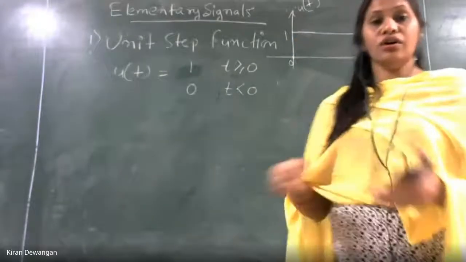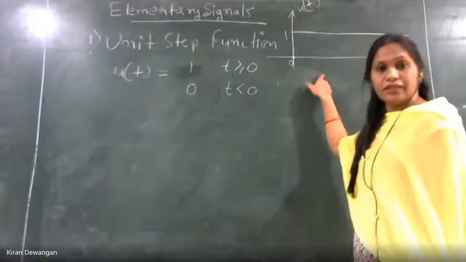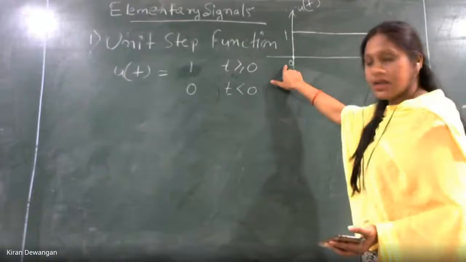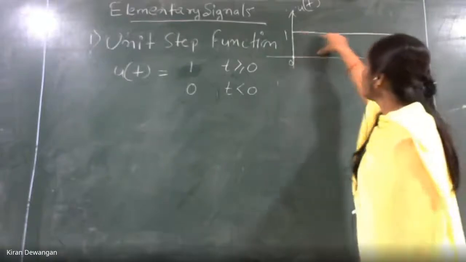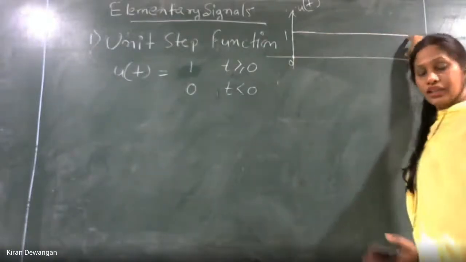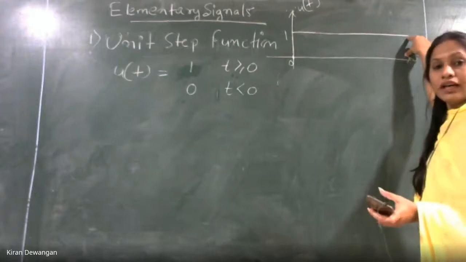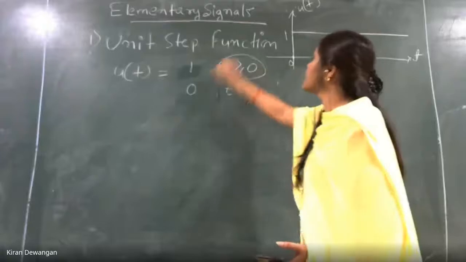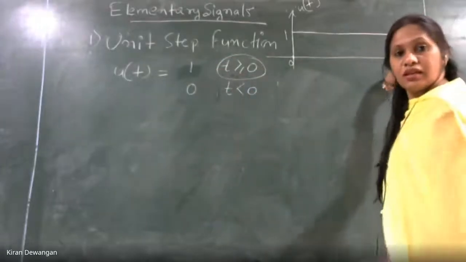So this is our u(t), which starts at 0 and the value is 1 continuously. For all the values of t greater than 0, the value is 1.